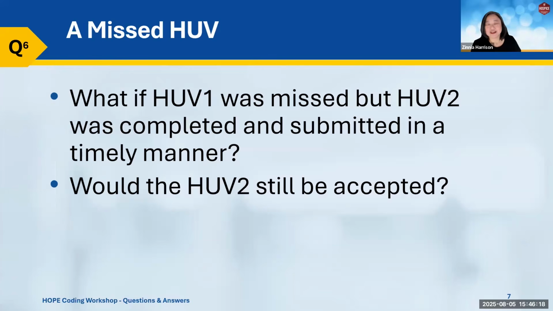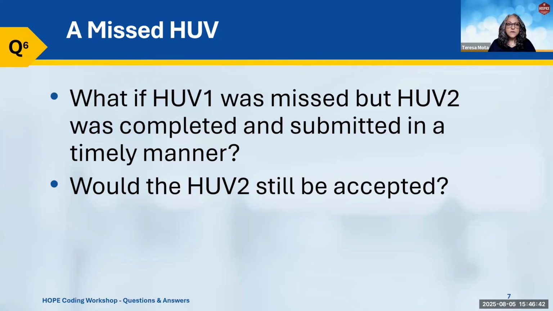Thanks, Teresa. Okay, on the next question, what if HUV1 was missed, but HUV2 was completed and submitted in a timely manner? Yeah, so the HUV2 will still be accepted, although you will receive a warning if it's out of sequence.